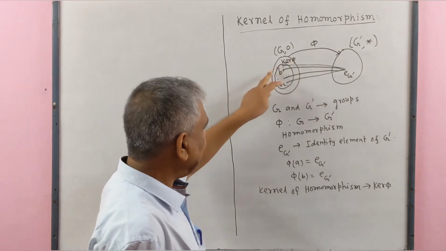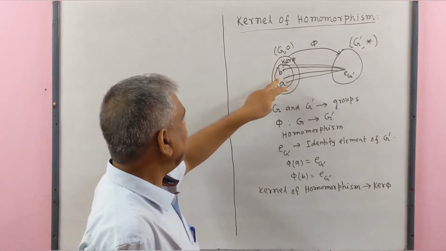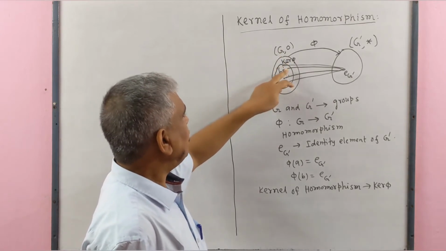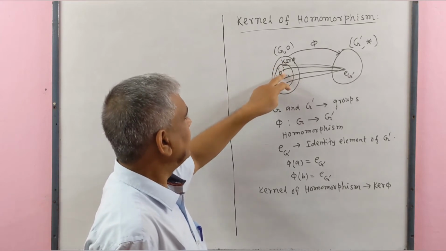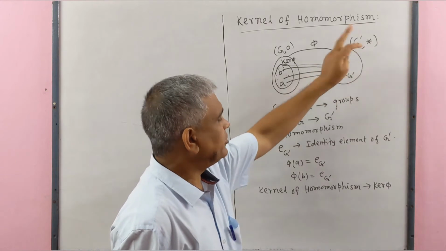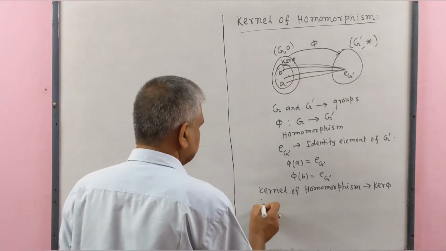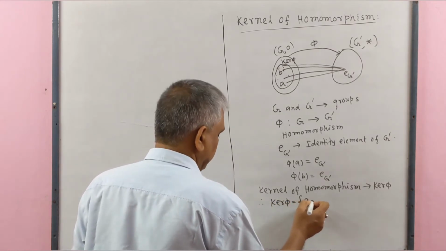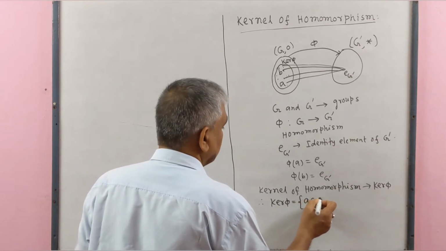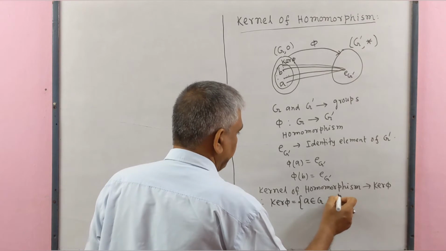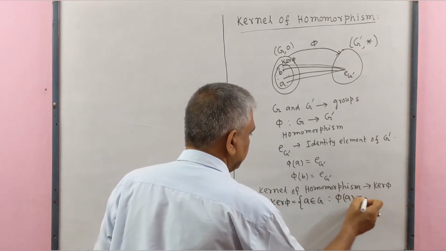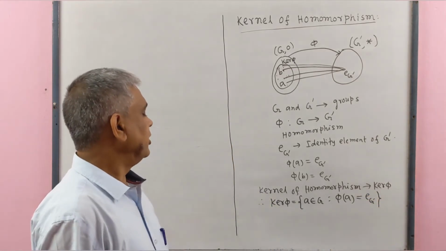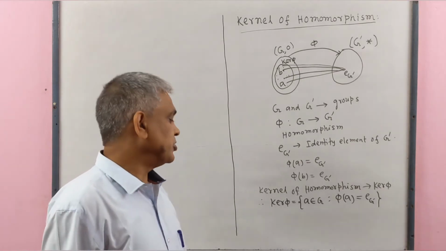Therefore, ker phi is a set containing all those elements of group G such that the image of each element of ker phi is the identity element of G'. So ker phi is a set containing all those elements a belonging to G such that phi(a) equals e_G', and this is called the kernel of homomorphism phi.